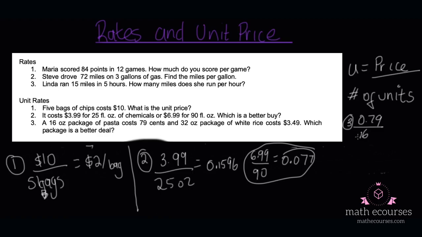So 0.79 divided by 16 will give you 0.049. And then for the second one, I have $3.49 for 32 ounces. $3.49 divided by 32, I'm getting 0.109. This was 0.049. So which is the better buy would be the first one, the 16-ounce package of pasta.